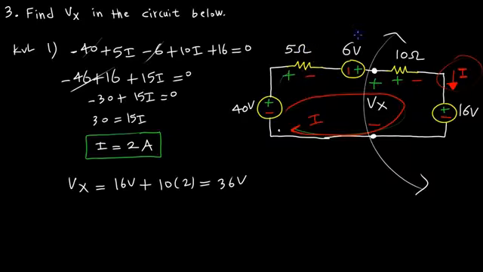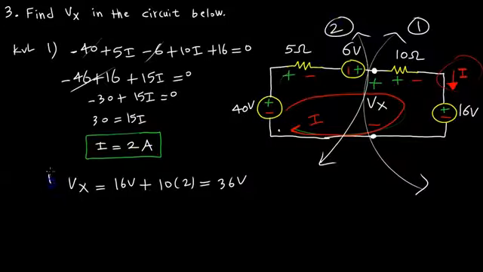Now on the other side, let's call this side 1 and this side 2. Side 1 told us that. Let's see what side 2 tells us. I'm going to start at the bottom, go up, and get a rise of 40 volts. I'm going to drop whatever this voltage is, 5I, because I'm going from plus to minus. Initially I went from minus to plus, so I rose. Then I have a drop here from plus to minus, then a rise again because I'm going from minus to plus of 6 volts.